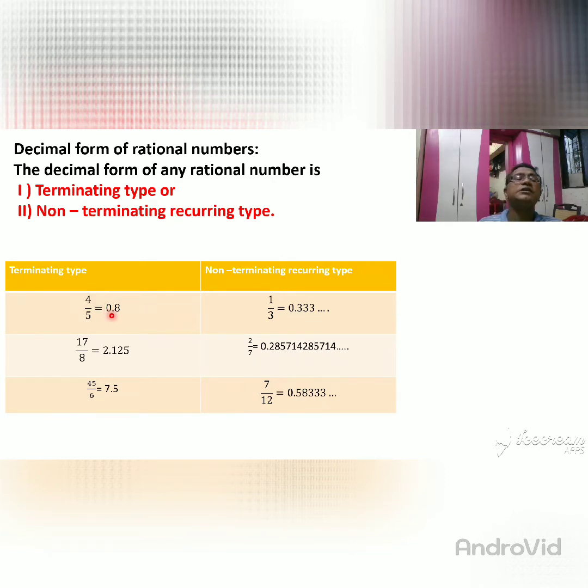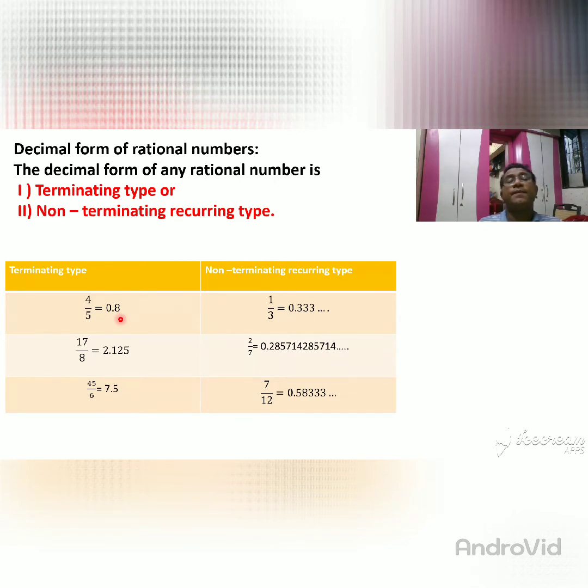When I give a decimal point, then here is 0, so the number becomes 40. So 5 eights are 40, and you get 0.8. The remainder is 0, so it is not possible to divide ahead. So 0.8 is terminating, because the remainder is 0 and we cannot divide forward.